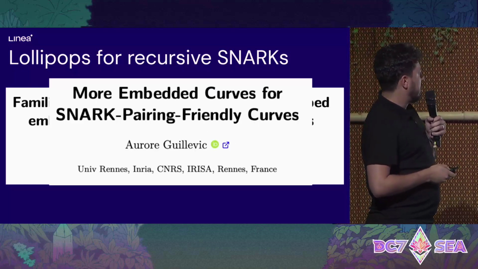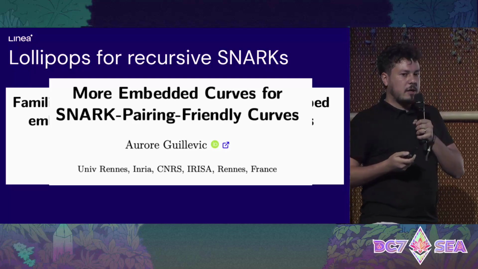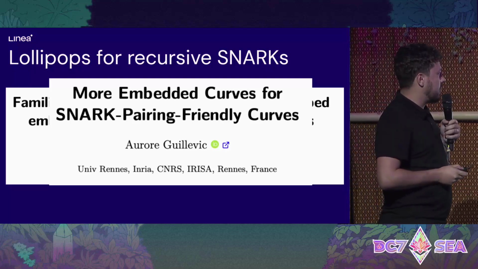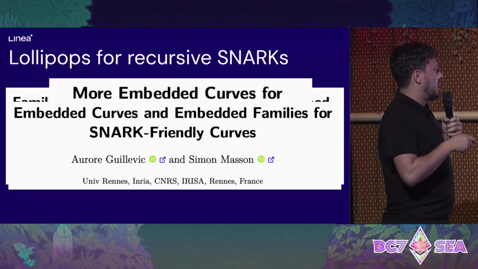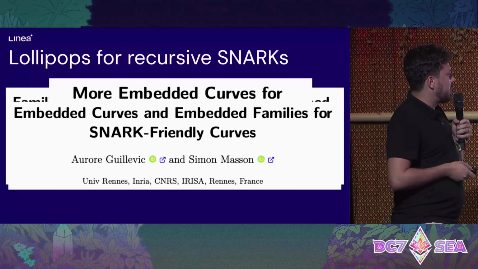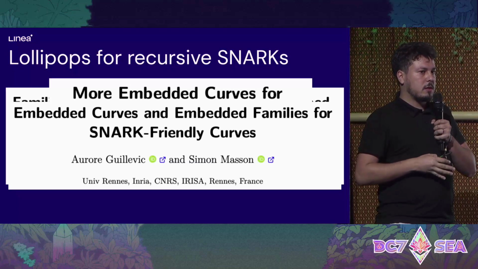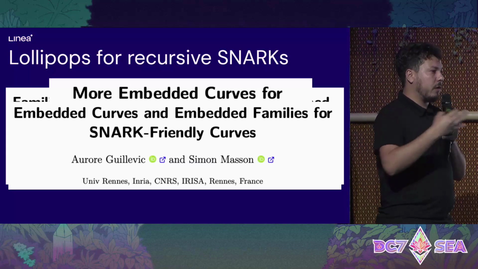And then, I think, a couple of days after our paper, Youssef El Housni generalized our idea with some other families of curves like KSS. And then, I think, one week ago, on ePrint at least, Aurore Guillevic and Simon Masson proposed an even more general way to construct those lollipops with fixing the curve.